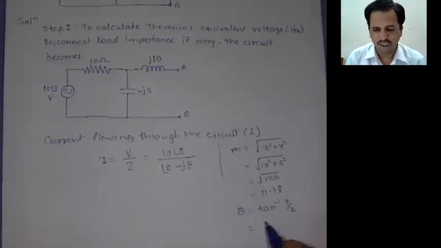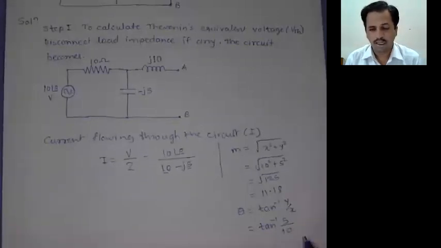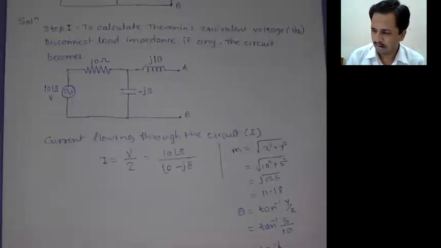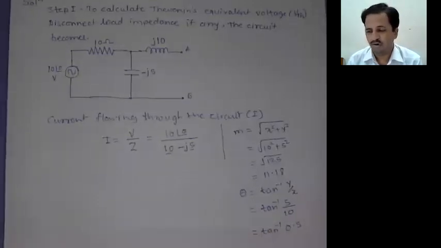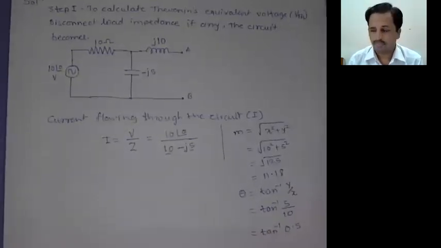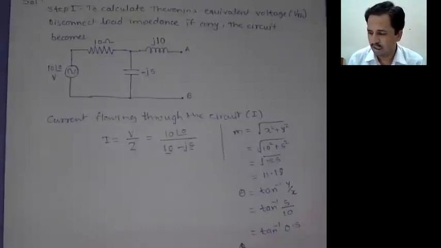Here it is tan inverse of 5 for y and 10 for x, and therefore its value is tan inverse of 0.5. Calculating the tan inverse of 0.5, the angle theta becomes 26.56.